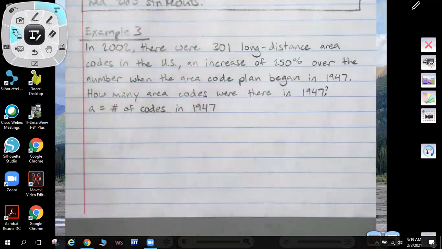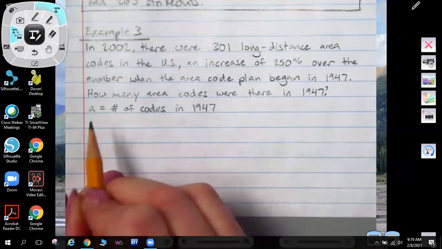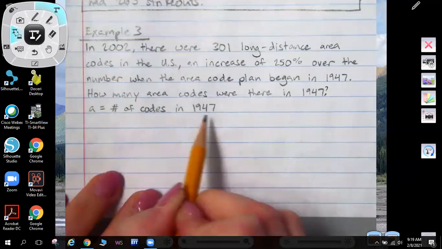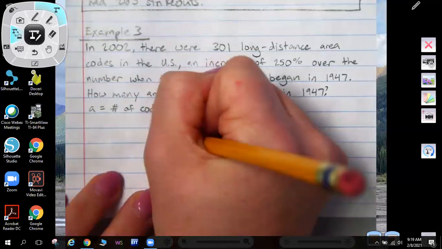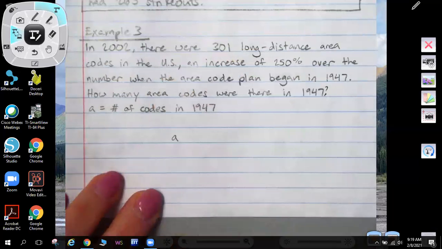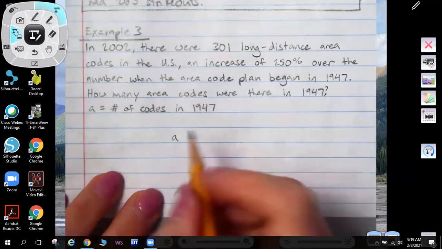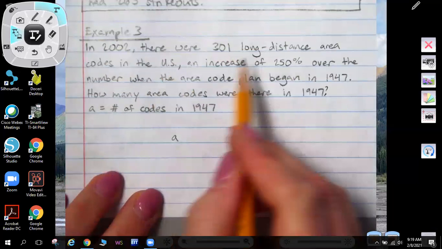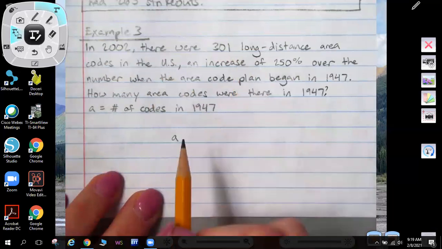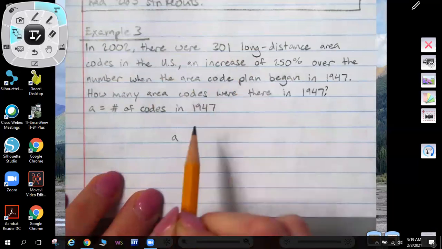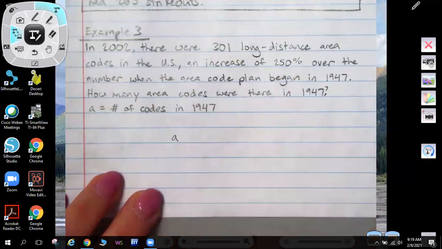Now we need to write our equation. So the number of area codes in 1947 is A. And there was an increase of 250%.